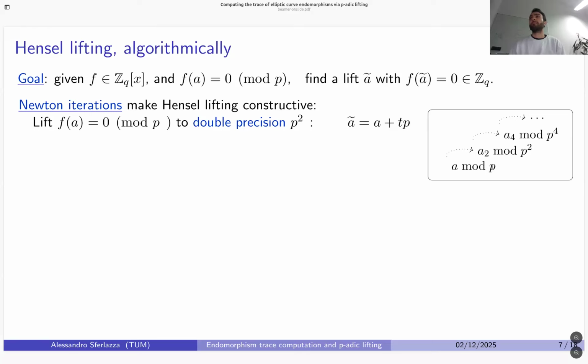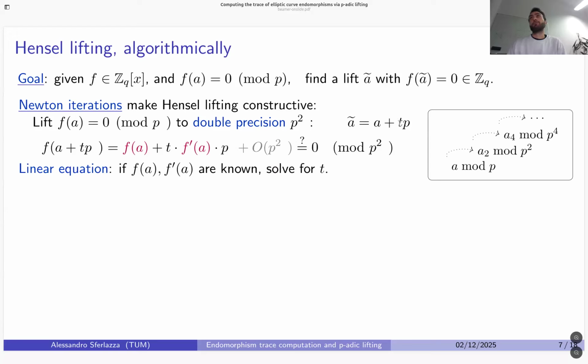So we can bring something modulo p to something modulo p squared, then modulo p to the fourth, and then double as much as we want in logarithmic time. And to do that concretely, let's say we've got a root of a polynomial modulo p, and we want to transform it to an element modulo p squared. So we take the residue modulo p and we add some multiple of p yet to be determined.